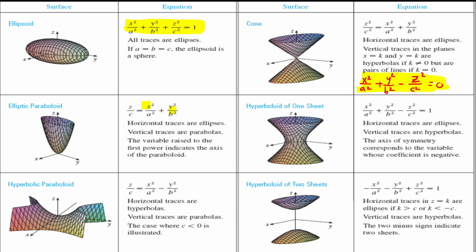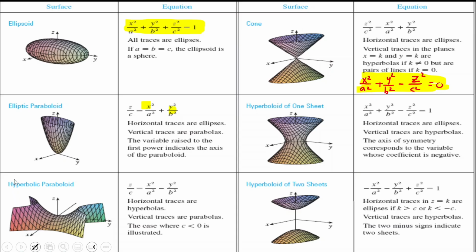So with the horizontal cross sections, we clearly got circles or ellipses. Remember, when we say ellipses, it includes circles as a special case if a is equal to b.